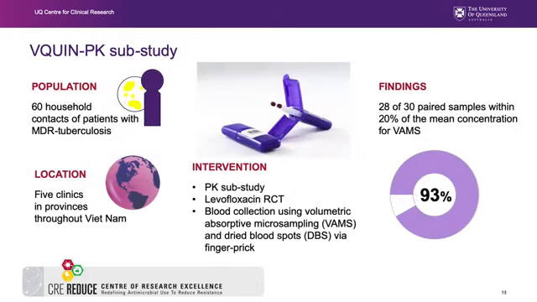Of the 30 paired samples, all of them were successfully collected. And we've also run another study using the VAMS devices. This was on renal transplant patients, and they're used to sampling. I think it shouldn't take away from the result from the paediatric patients, because that's a really important result.